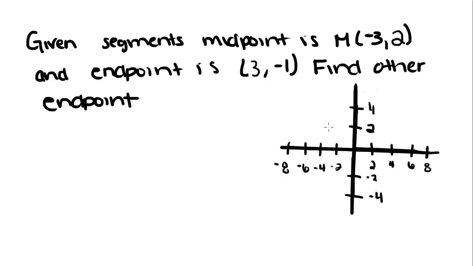So left 3, up 2, and this is the midpoint, remember, and then our endpoint is 3, negative 1. So over to the right 3, down 1, so about right there. This is endpoint 1.